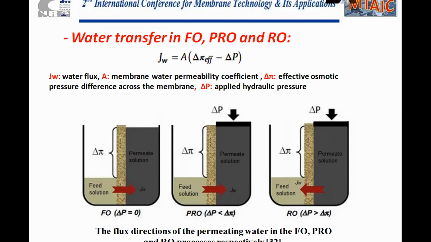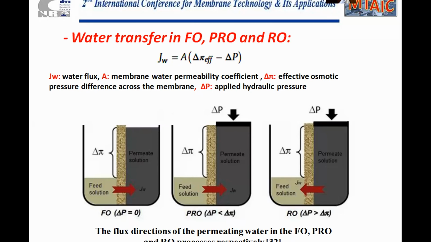The third type is pressure retarded osmosis. It is intermediate between the forward osmosis and reverse osmosis processes. The applied pressure in the high concentration solution is usually less than the osmotic pressure, so it is one type of forward osmosis membrane.